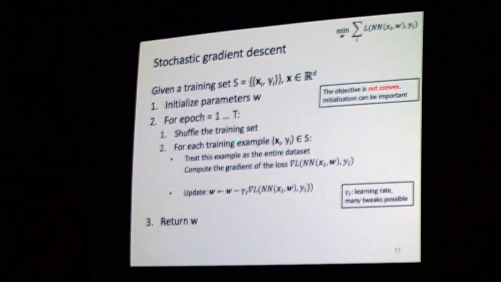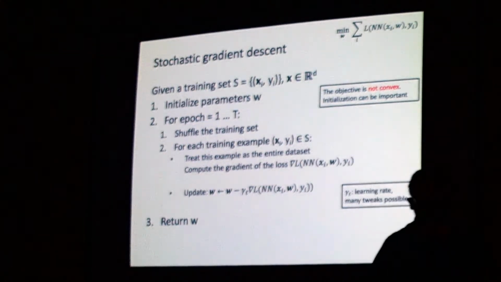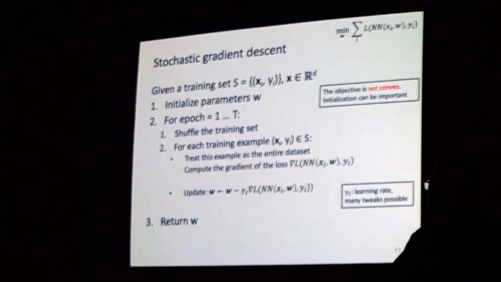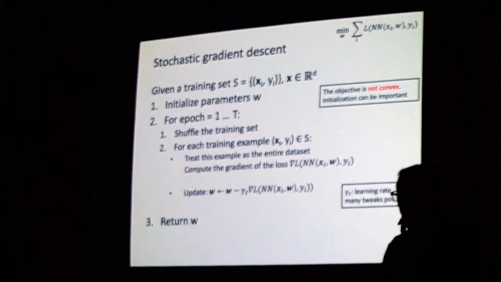That's why there are a lot of tricks to do the initialization for neural networks. And if you take a look at the PyTorch library or TensorFlow library, they have provided I believe about 10 different ways to do the initialization. Random initialization.